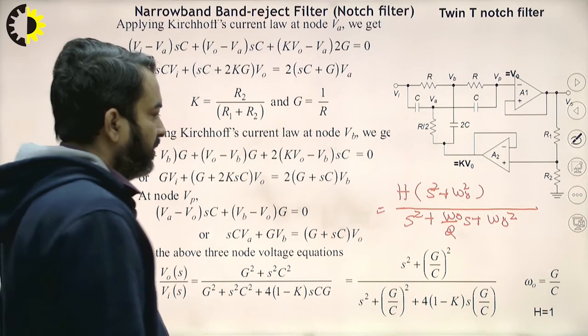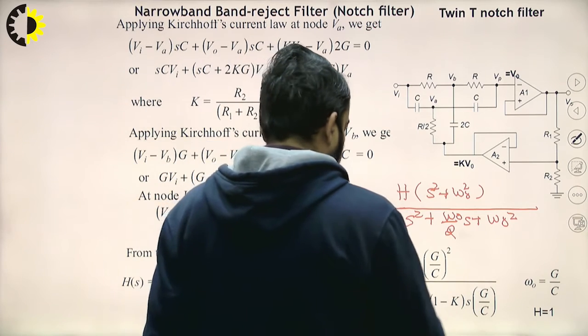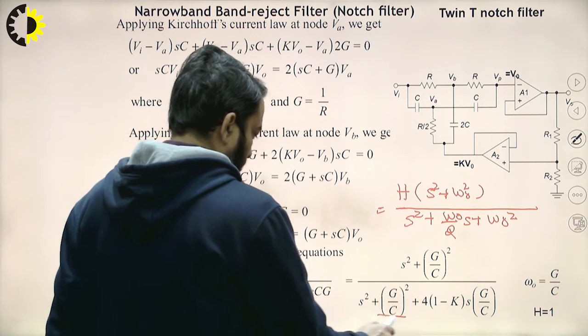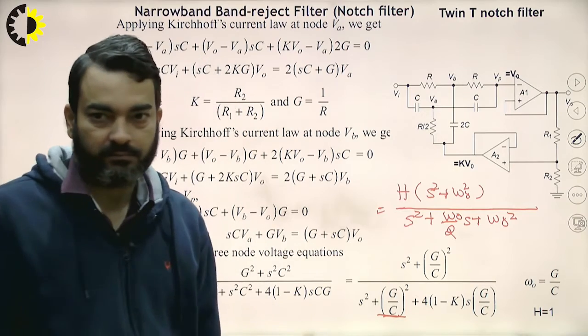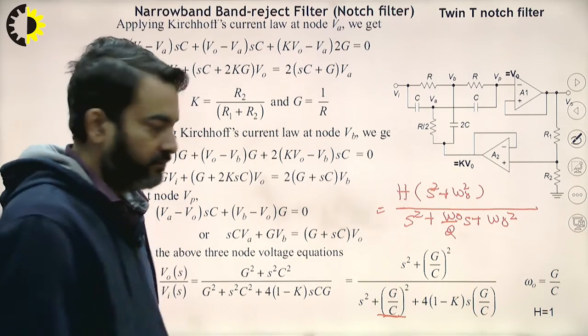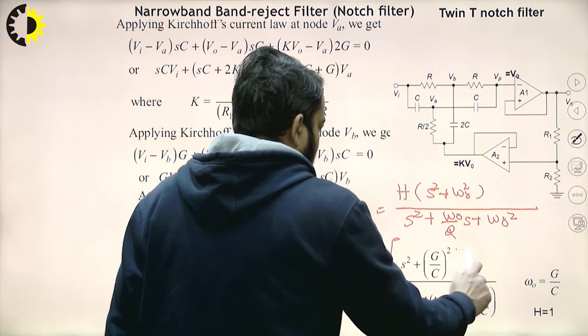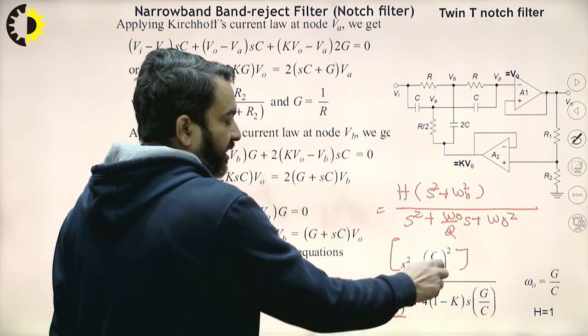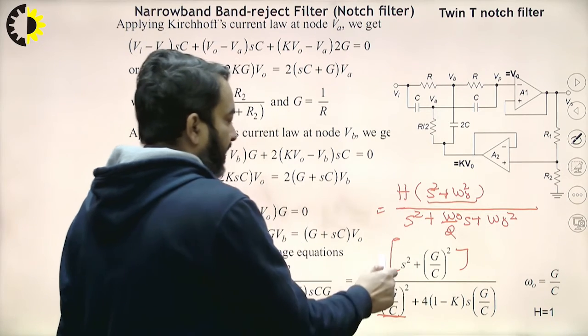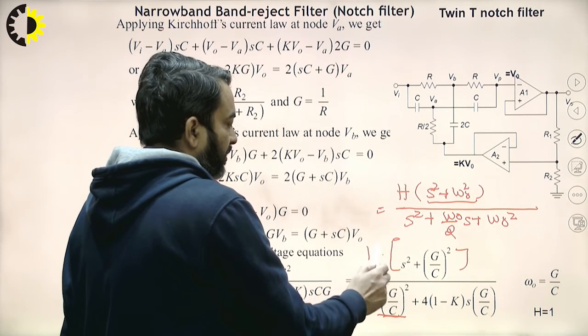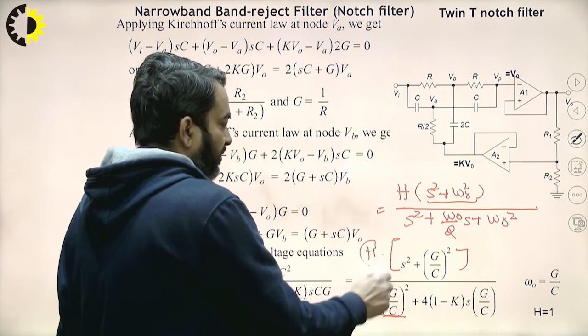Here omega naught is nothing but this much, G by C. This is S square plus omega naught square, this term, and its coefficient is H. So H value is here 1.